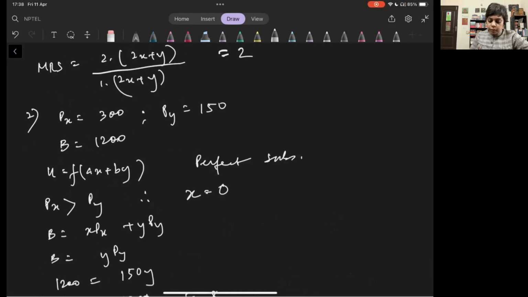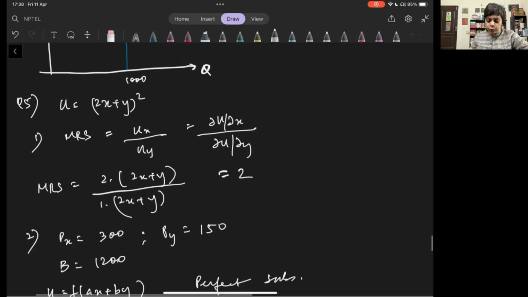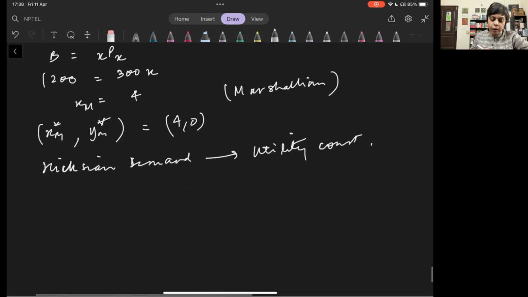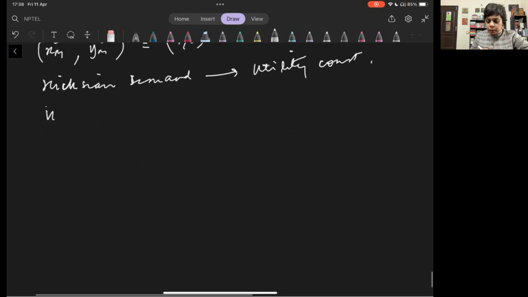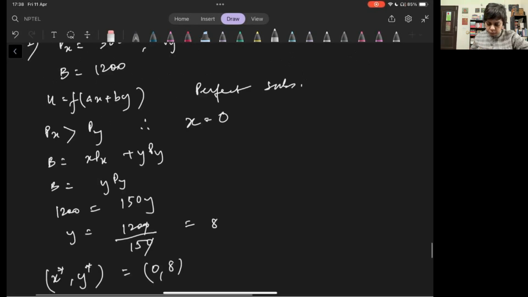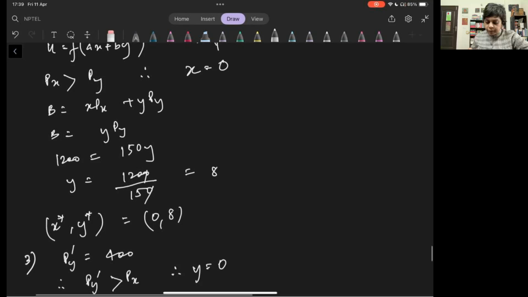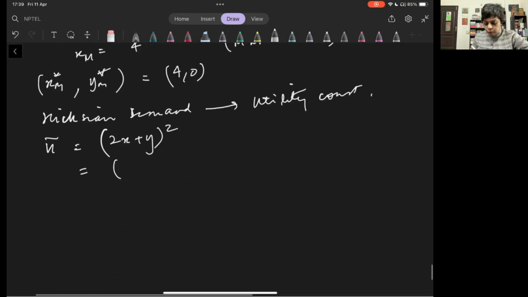I've not written the utility function. Yeah, 2x plus y whole square. So let's take u bar as constant utility is equal to 2x plus y whole square. What was the value of x and y before? 0 comma 8. 0 plus 8 whole square is 64.